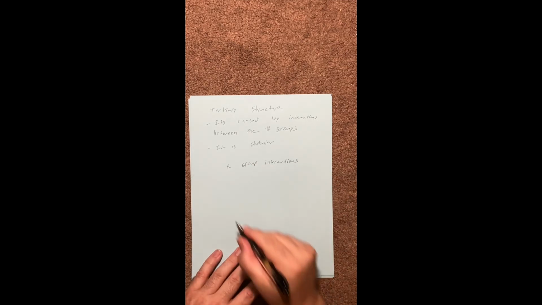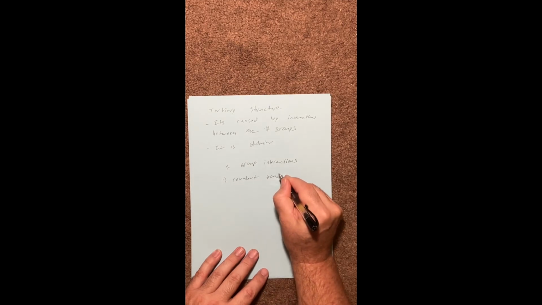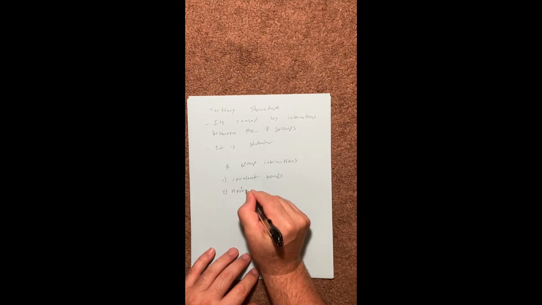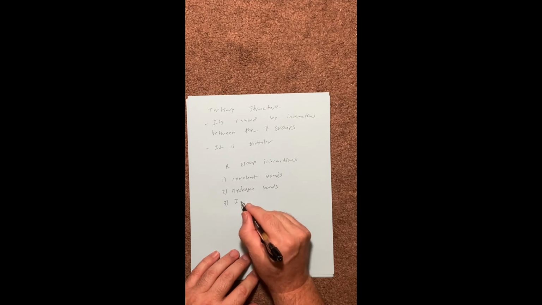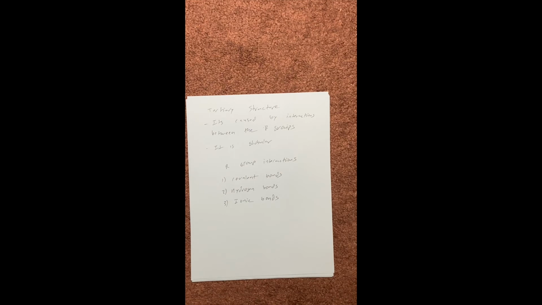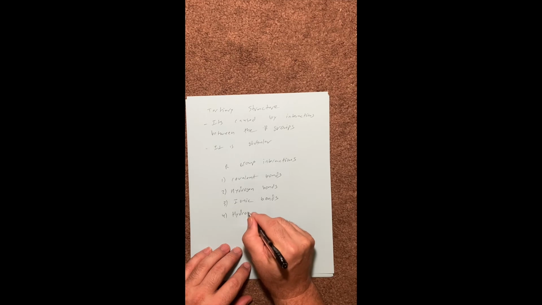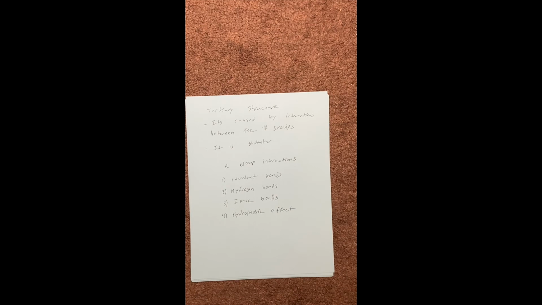Types of R group interactions include covalent bonds. Okay, so far so good. Hydrogen bonds. All right, I'm with you. Ionic bonds, sure. Plus something called the hydrophobic effect. And that should have you go, what?